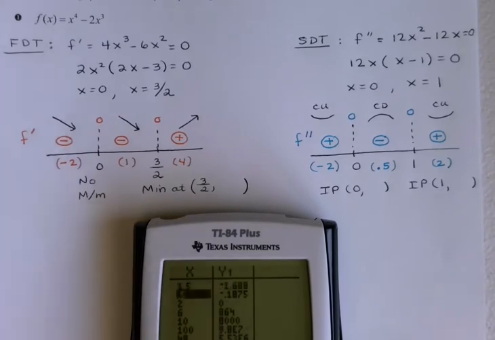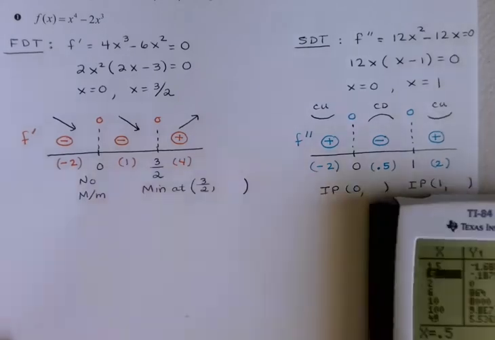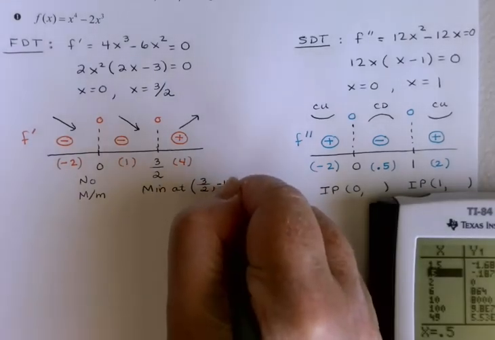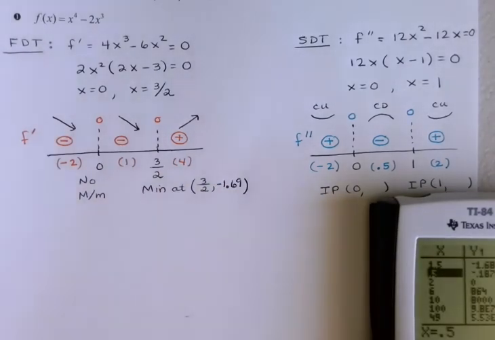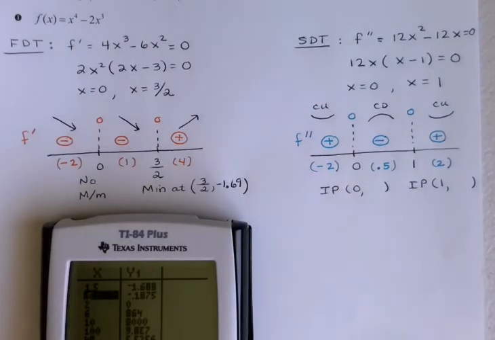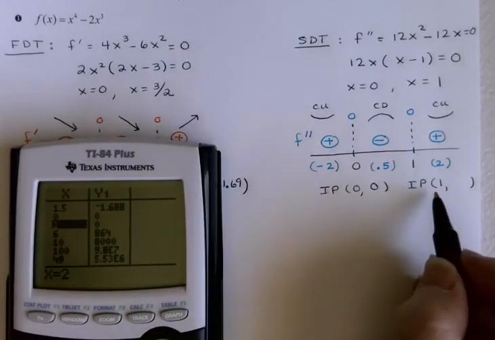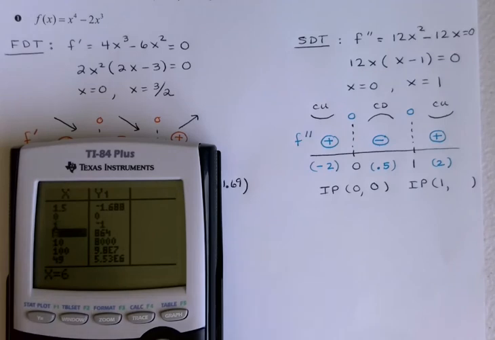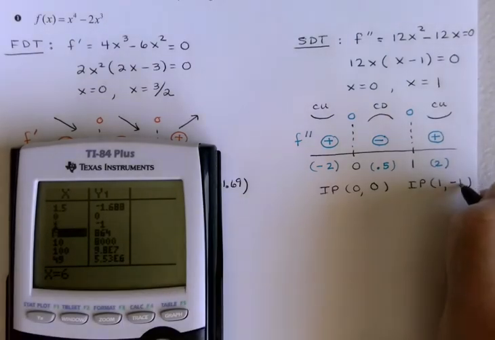Looks like y is negative 1.69, let's call that. Zero should be 0, 0, 0. And then the last inflection point was at x equal 1, and y is negative 1.